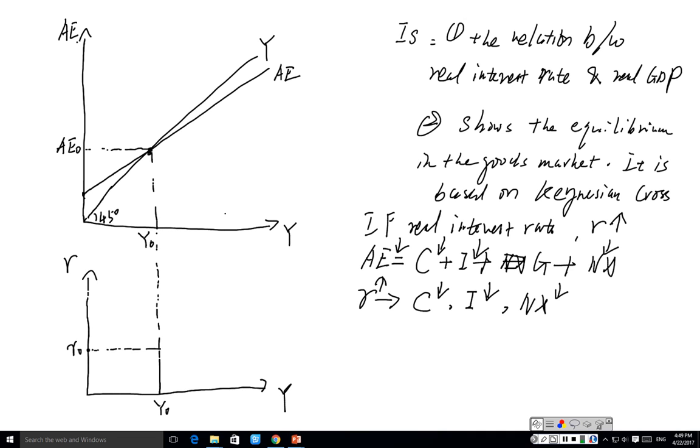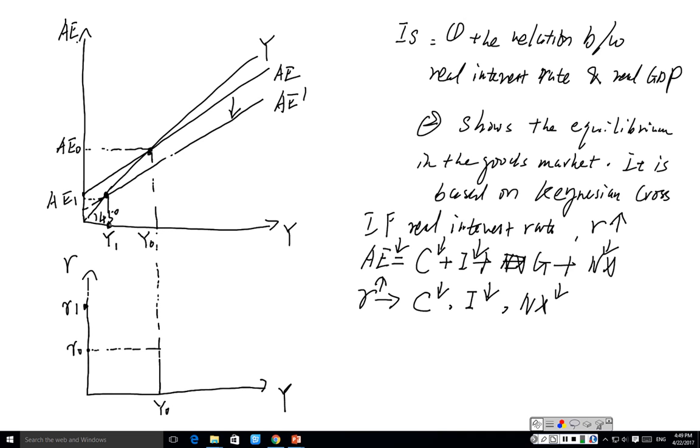So with a higher level of interest rate, R1, suppose, the aggregate expenditure will shift downwards. Again, we assume this is a parallel shift. With the new aggregate expenditure curve, we can determine the new equilibrium output and new equilibrium aggregate expenditure.